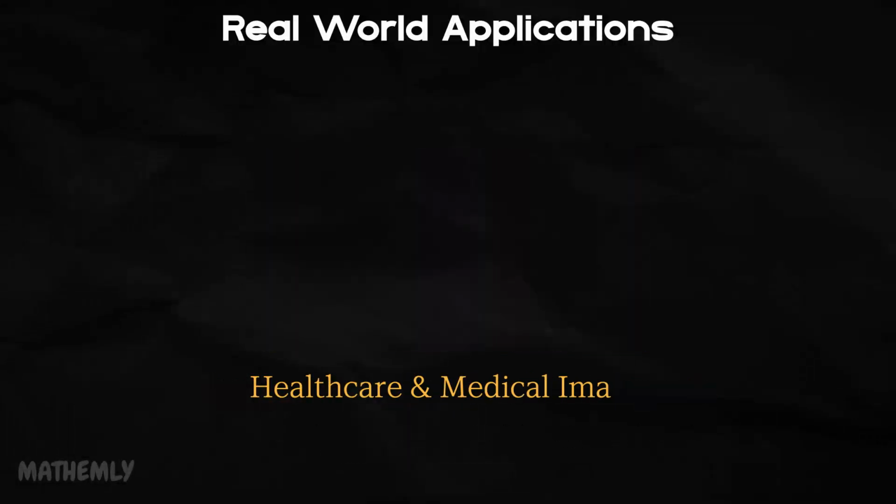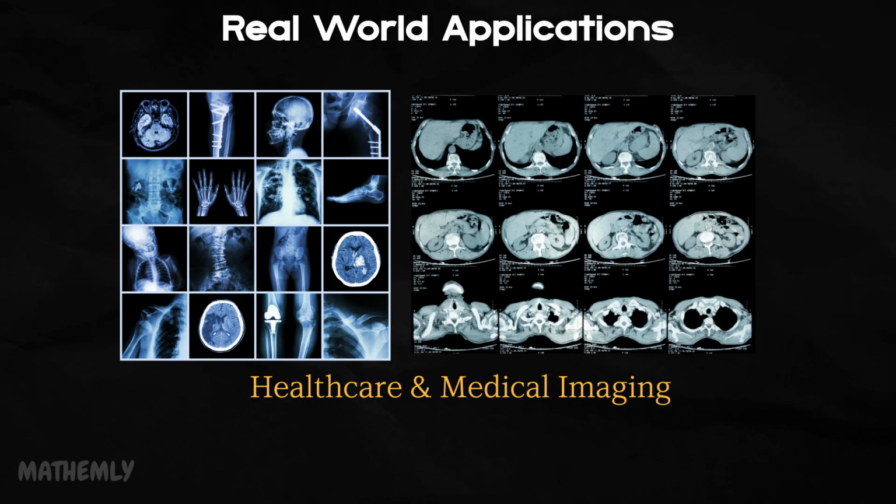Healthcare and medical imaging. In medical diagnosis, neural networks analyze X-rays, MRIs, and CT scans to detect abnormalities like tumors or fractures. They help doctors make faster and more accurate diagnoses, especially in areas with limited access to specialists.